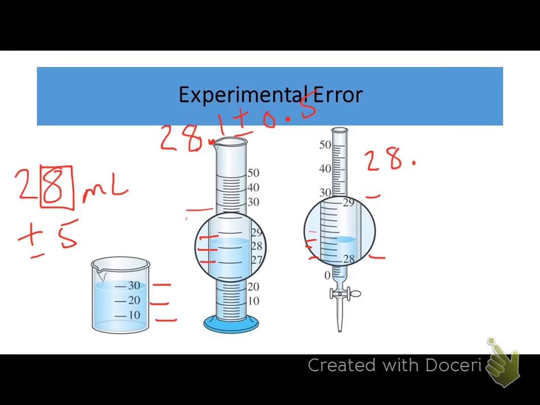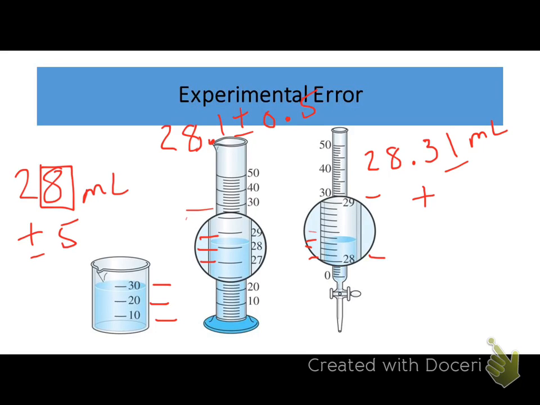I definitely know, because of these small hash marks, it's 0.1, 0.2, 0.3. So 28.3. And then I'm going to estimate my last digit to be 1. So 28.31 is going to be my measurement, with the 1 as my estimated digit. See if you get something similar to that.